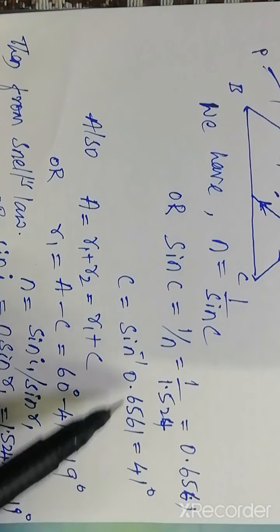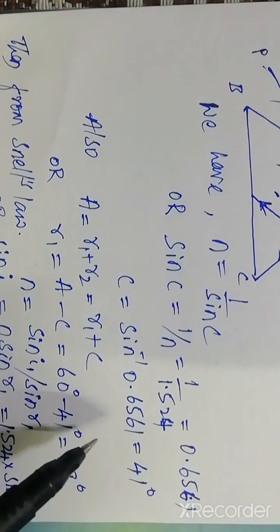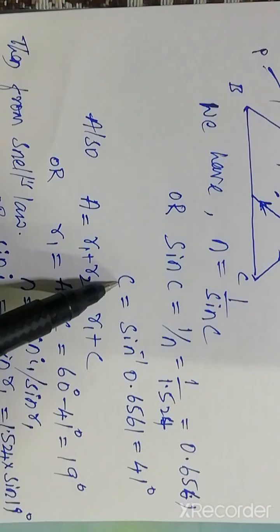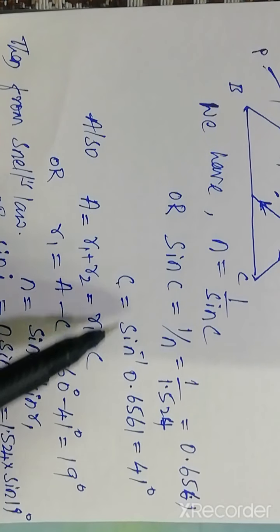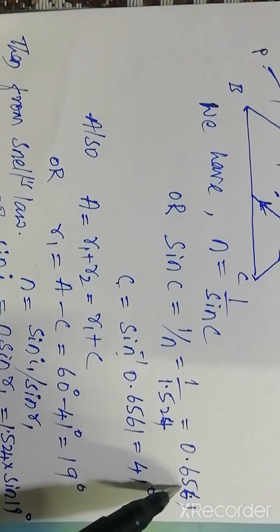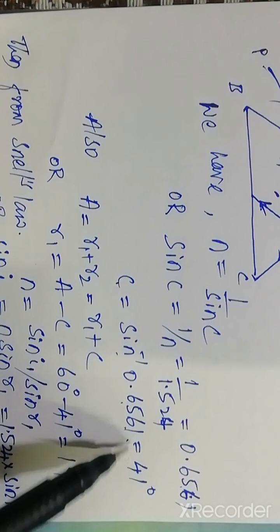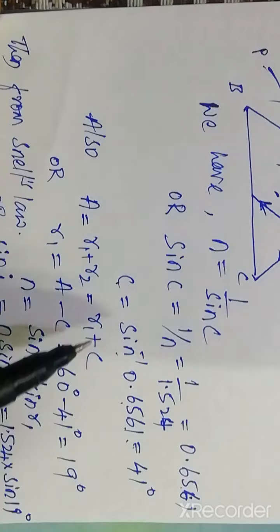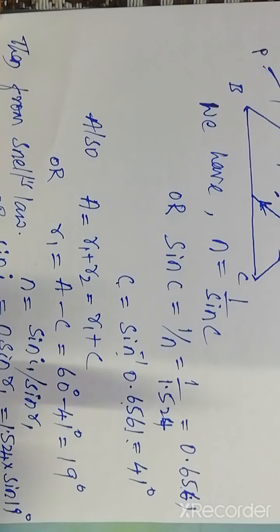You have to refer to the natural science table. From the table, we can calculate this C. C is the critical angle. It is the sine inverse of 0.6561, which comes out to be 41 degree. For water, it is somewhere around 48 degree. For the case of glass, the critical angle is 41 degree.